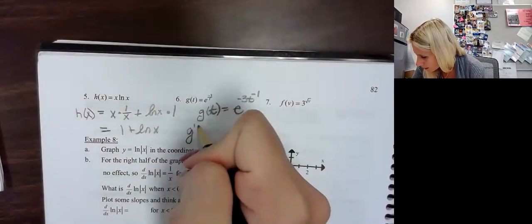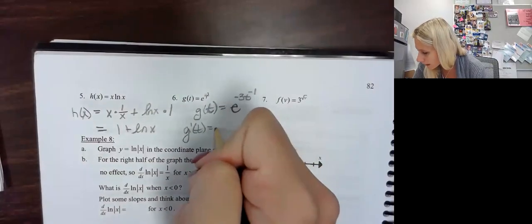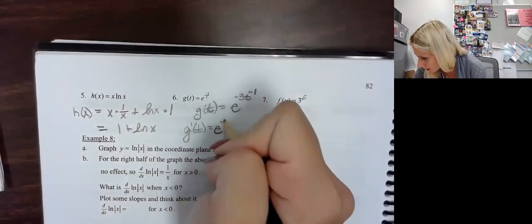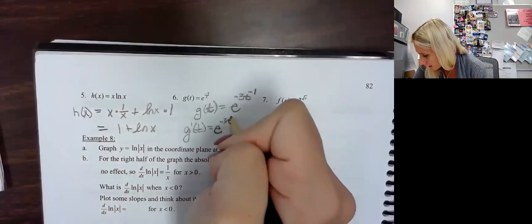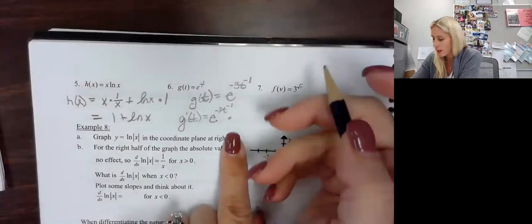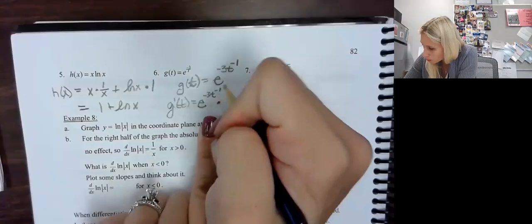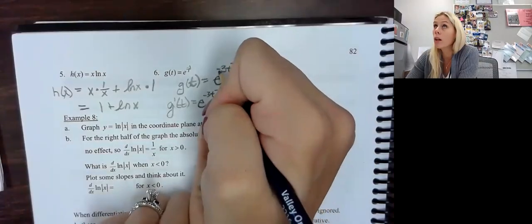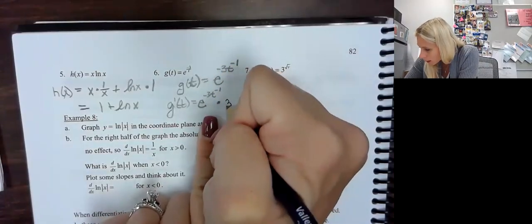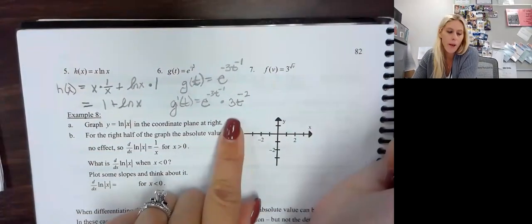The derivative equals, well, the derivative of e is just itself, so e to the -3 t to the -1, times the derivative of that exponent. Well, that's the power rule, so bring -1 down. -1 times -3 is 3, t to the -2, and we're done.